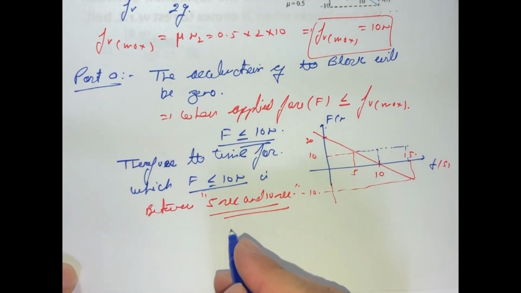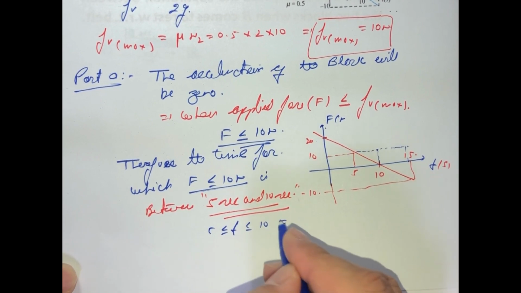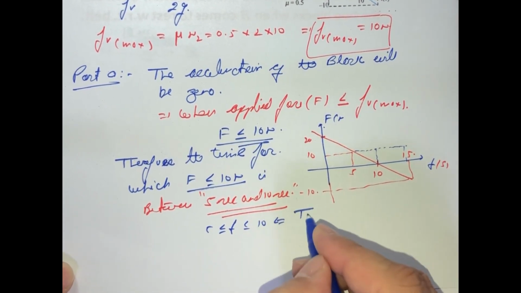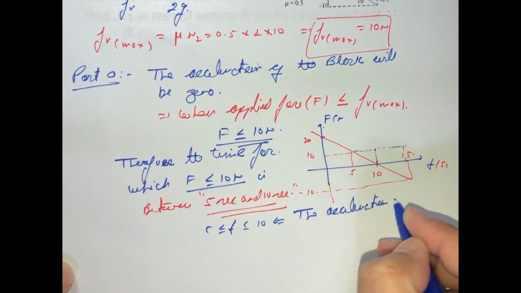In simpler terms, we can say 5 is less than or equal to t, which is less than or equal to 10. In this interval, the acceleration will be equal to 0.